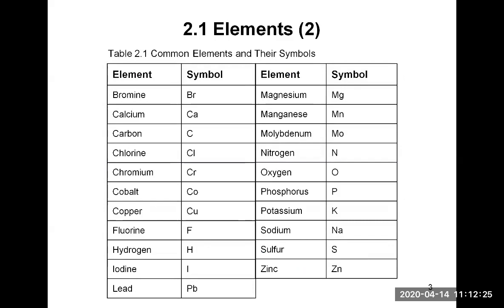So let's look at some common elements and their symbols. There are some symbols you want to get familiar with. For example, let's start from the left here. Bromine is Br, calcium Ca, carbon, chlorine. So you see that chlorine is capital C, lowercase l. Chromium, cobalt.